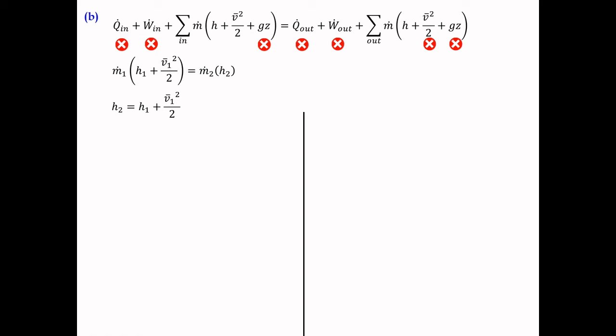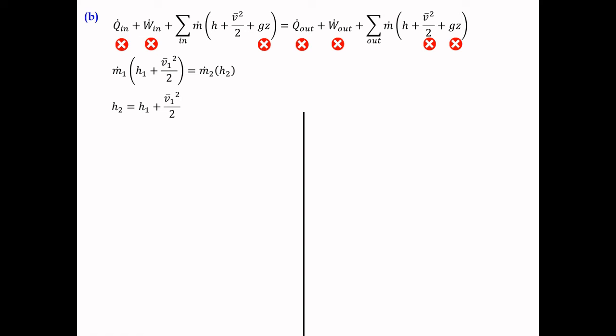From this equation we can get information for state number 2, or the condition at the outlet of the diffuser. At least we need to have one data point for the outlet condition in order to obtain the exit temperature of the diffuser.